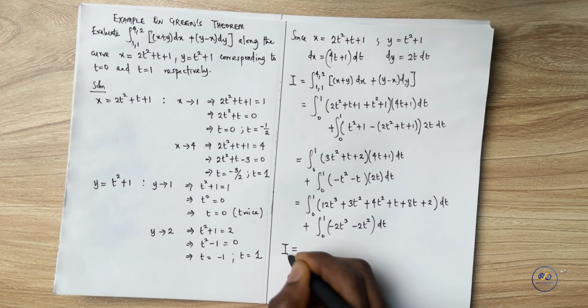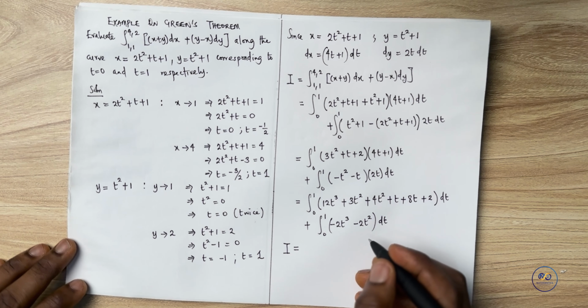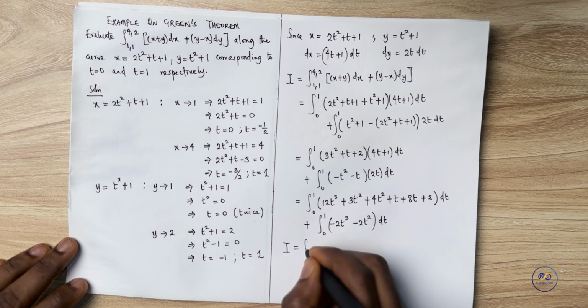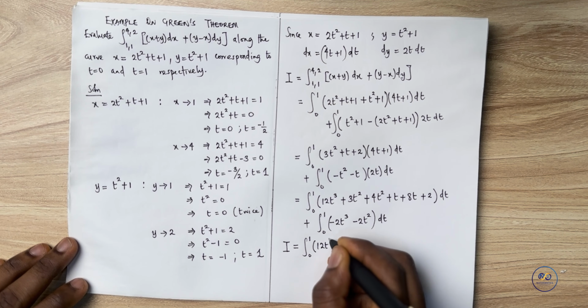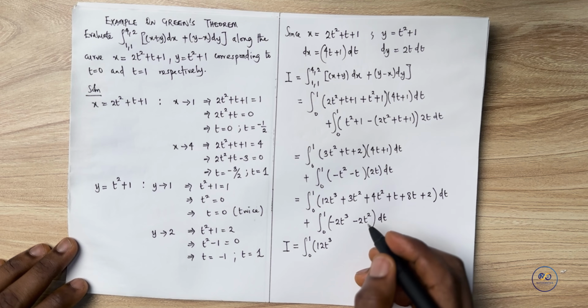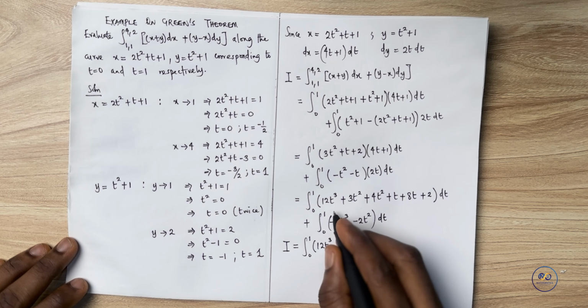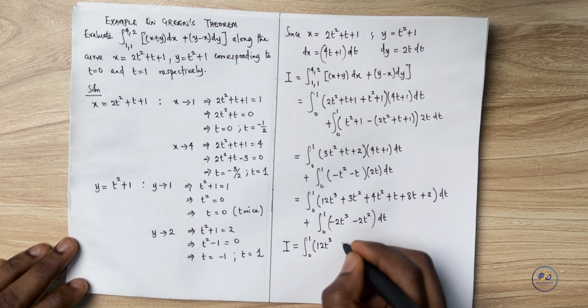So I in this case, which is of course the original integral, would simply be the integral from 0 to 1 of 12t cubed plus 3t squared plus 4t squared, so that is 7t squared. You could already combine them together if necessary.